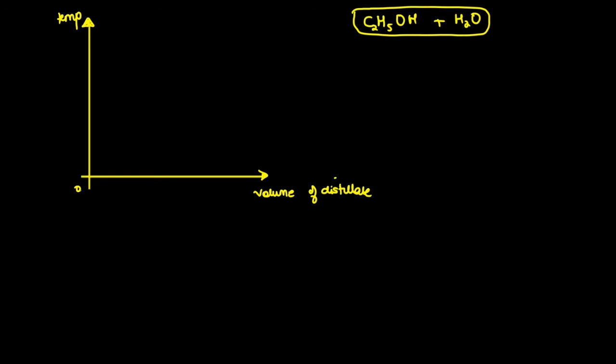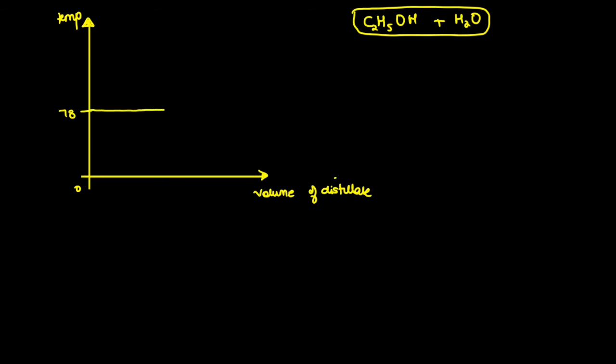At 0 degrees Celsius, there will be 0 distillate, because neither the ethanol nor the water has evaporated and condensed. The temperature will keep rising, and the volume of distillate will remain 0 until I reach 78 degrees Celsius, which is the boiling point of ethanol.